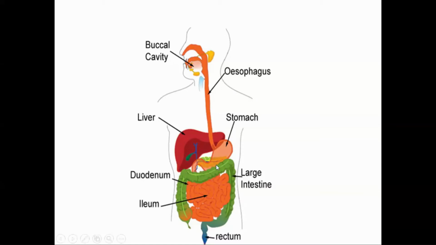And the capacity of the stomach: in an adult, what is the capacity? I think you have studied it in physiology.